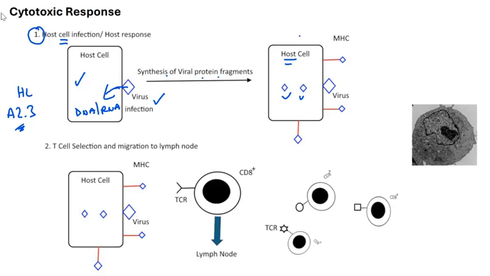Now, curiously, what the host cell will also do in response to this infection is to place viral proteins on the end of glycoproteins, which are called the MHC system, which stands for Major Histocompatibility Complex. But not to worry about that.